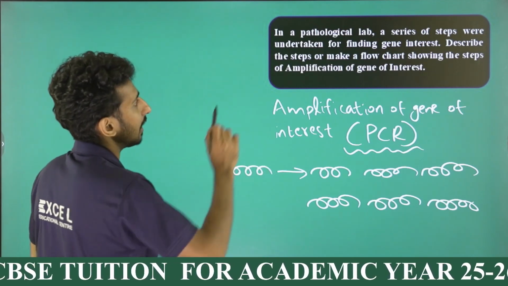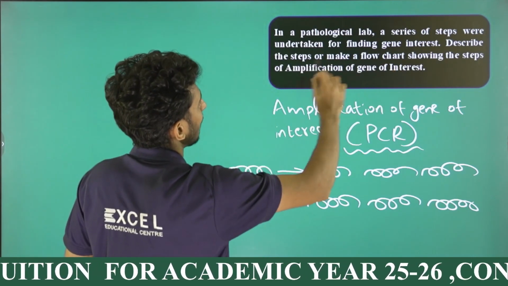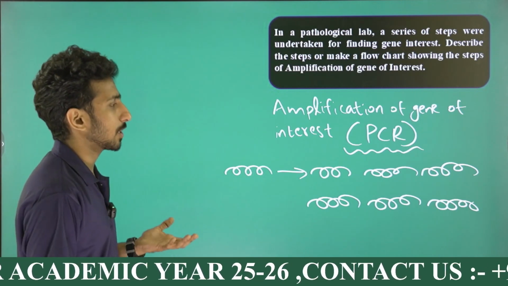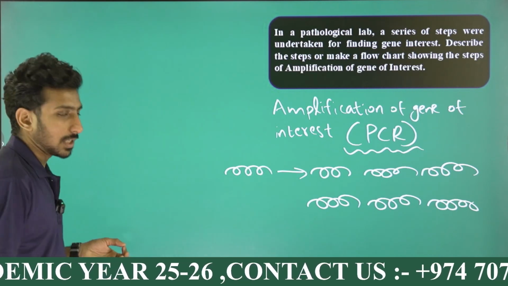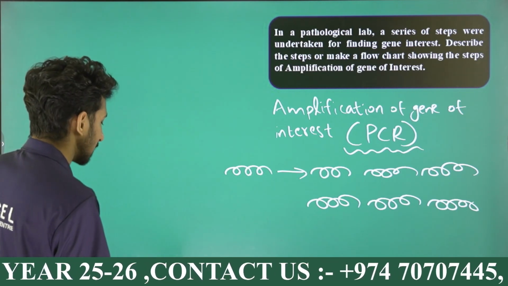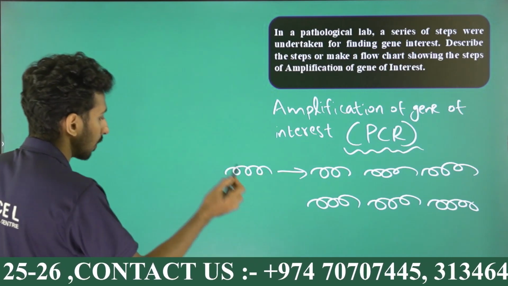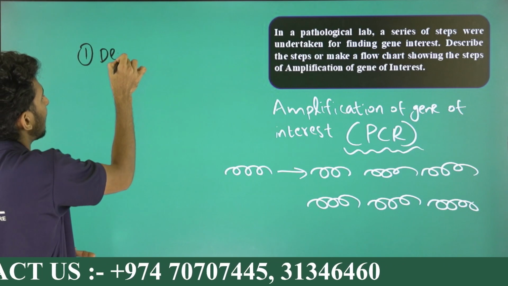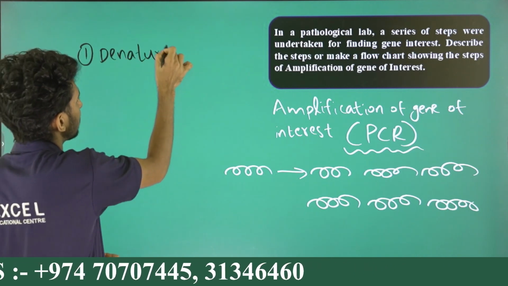Now look at the question. Describe the steps or make the flow chart showing the different steps of amplification of the gene of interest. There are 3 steps involved in amplification. Which are the 3 steps involved in amplification or PCR? First step is denaturation.